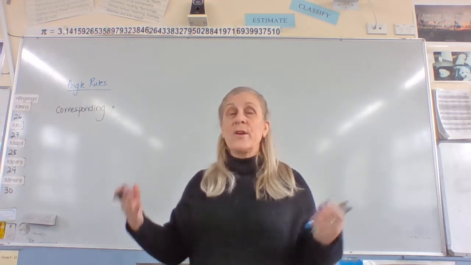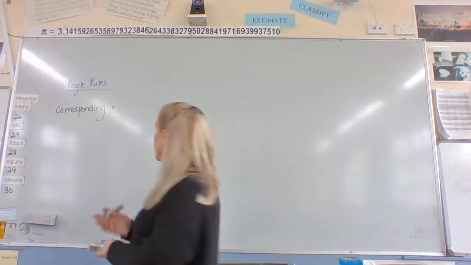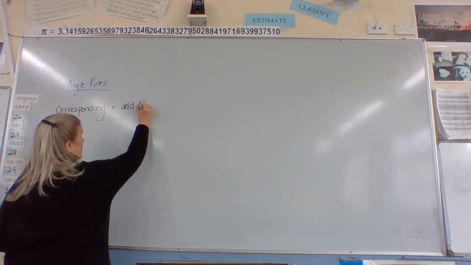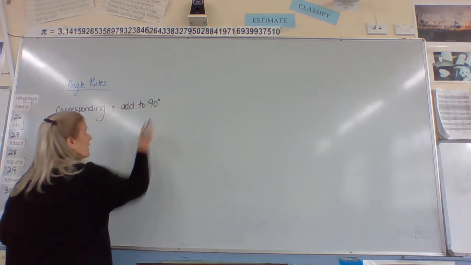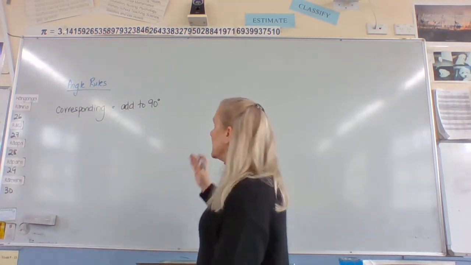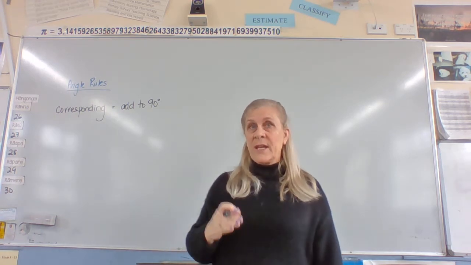So 2 or 3 complementary angles total 90 degrees, all right? What's 90 degrees? A right angle, good. So anything that adds to a right angle are complementary angles.